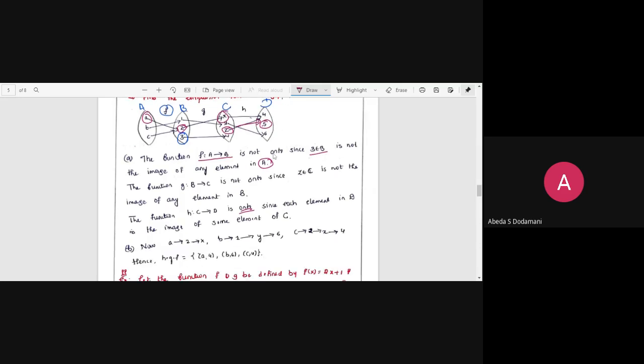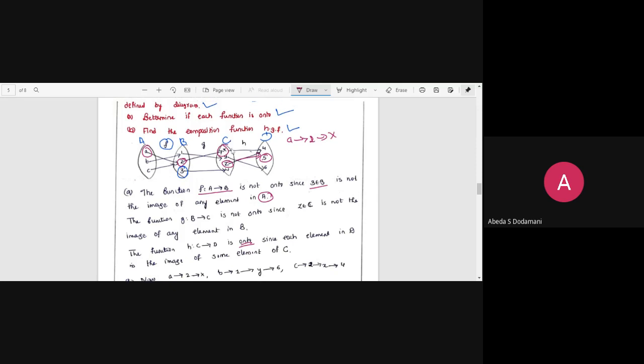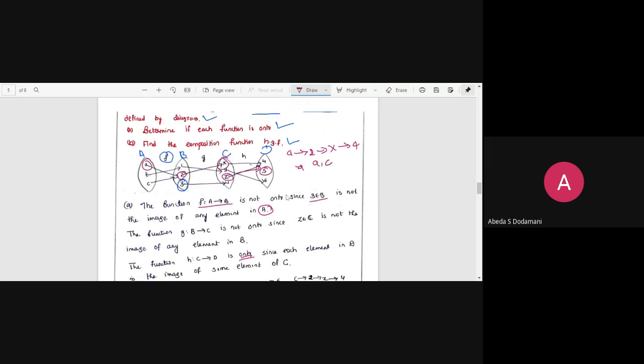Are you following? Sorry, A is going to 2, and 2 is going to X. And where is X going? It's going to 4. That means you have the relation from A to 4.